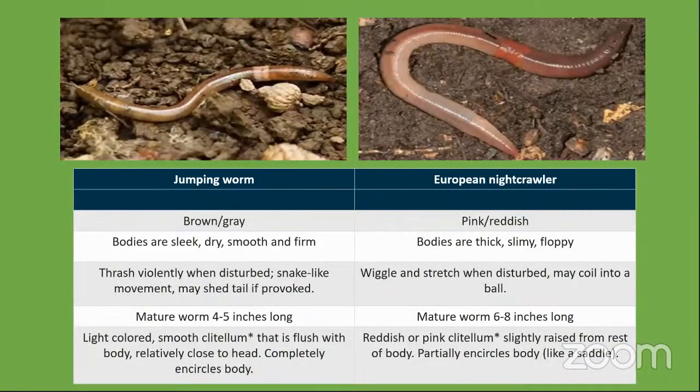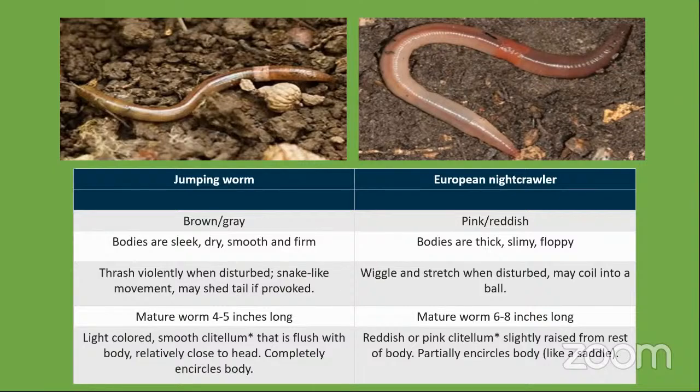Some differences when you look at them. The jumping worm on the left is more of a brownish gray color, whereas an earthworm, European nightcrawler, is more pinkish or reddish. The body of a jumping worm is sleek, smooth, dry, and firm, whereas the bodies of earthworms are thick and slimy and floppy.